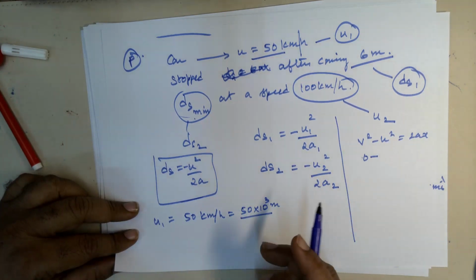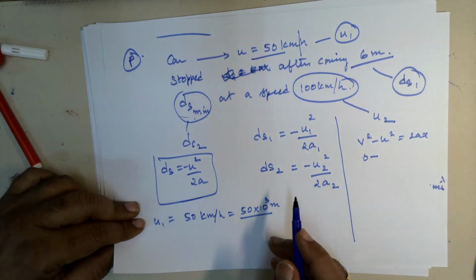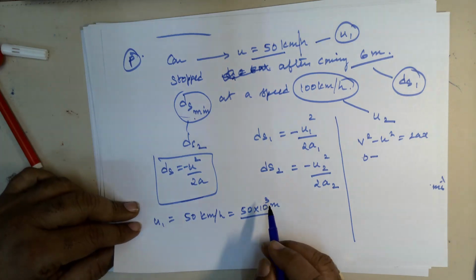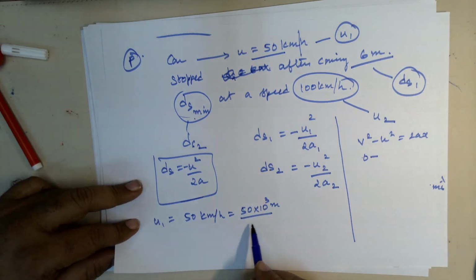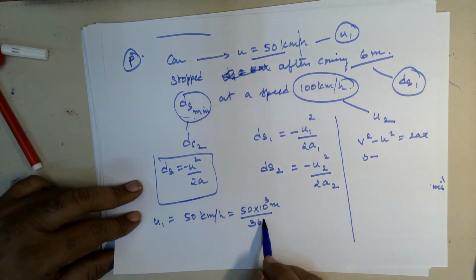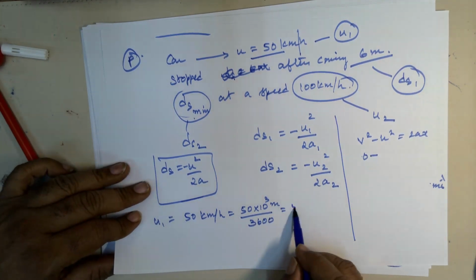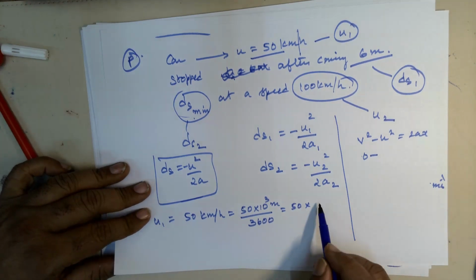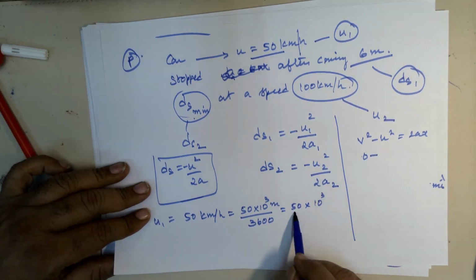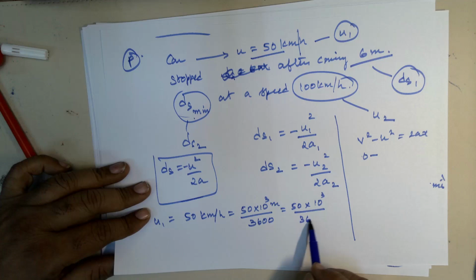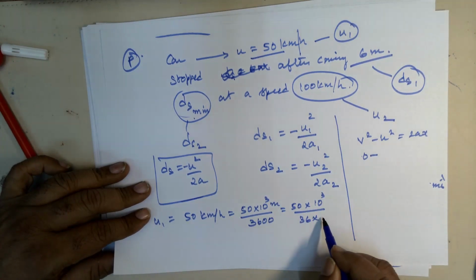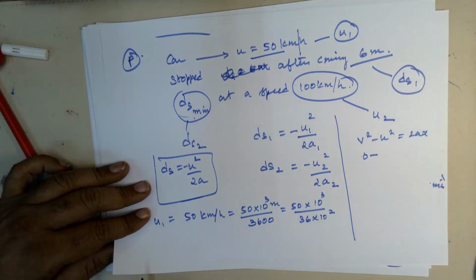We want to convert this into meter per second. Okay. So meter per second means hour is 3600, right? So that is equal to 50 into 10 cube divided by 36 into 10 square. Okay.